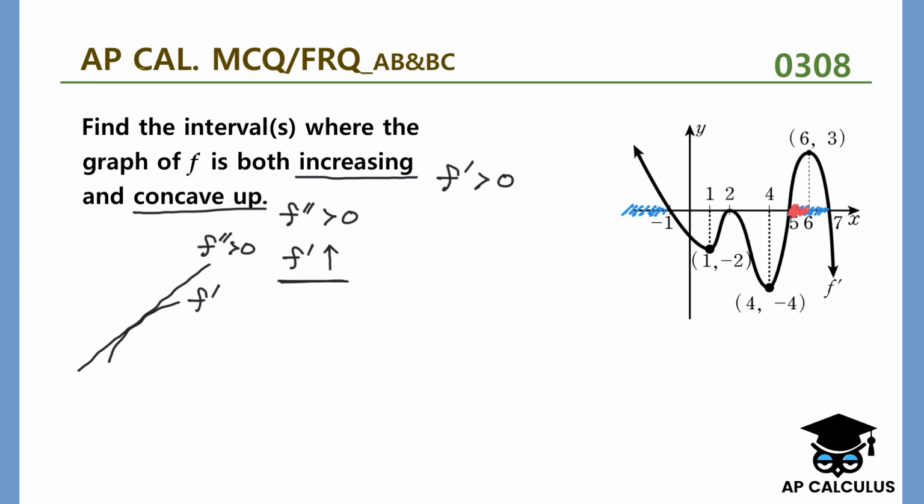So from 5 to 6, f prime is both positive and increasing, right? So the answer has to be x is between 5 and 6. Or in interval notation, we can write from 5 to 6. These are our answers, right?